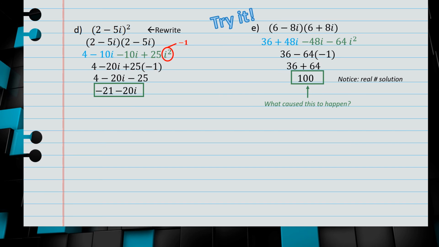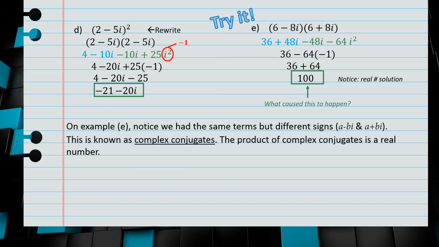Well, go back and look at the very beginning, the problem of E. On E, notice we had the same terms, but different signs. Both parentheses had a 6, both parentheses had an 8i, but they had different signs. One was a plus, one was a minus.